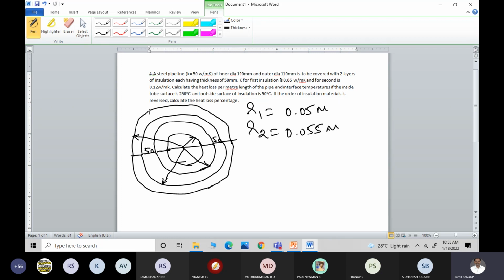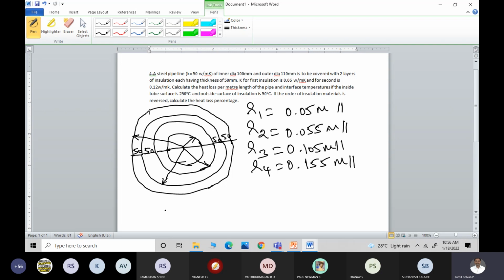R3 will be 0.105. Similarly, R4 will be 110 plus 200 mm, which is 310 mm, so 0.155. The radii are correct? Yes, sir.